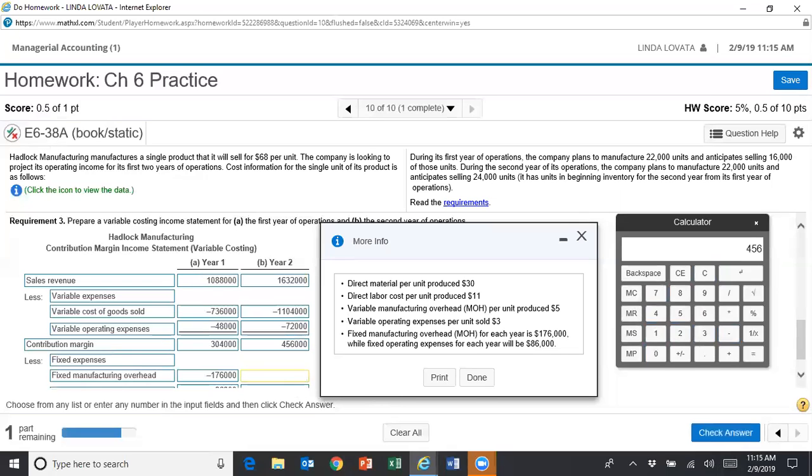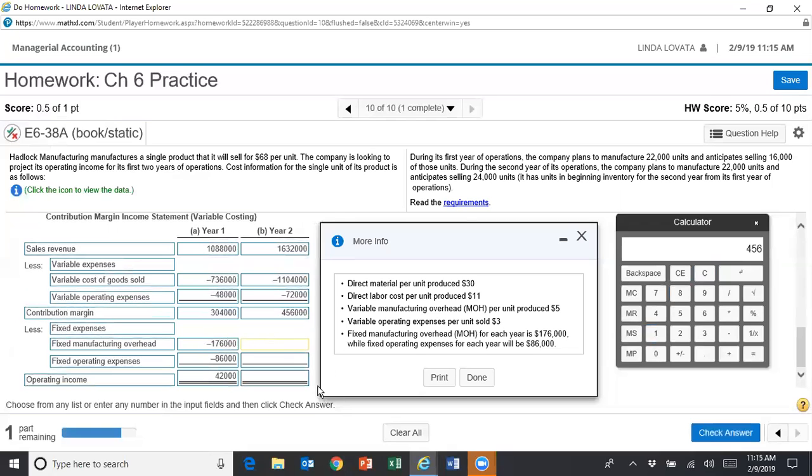All right, the more you do this, I can see how your fingers get tired and you start typing in silly things. Okay, my fixed doesn't change. Whoops, I'm typing, but nothing's happening. 176, 1, 2, 3. I'll go ahead and put a minus in front just in case. Minus 86, 1, 2, 3. So I've got the 456 minus the 176 minus the 86 gives me 194.